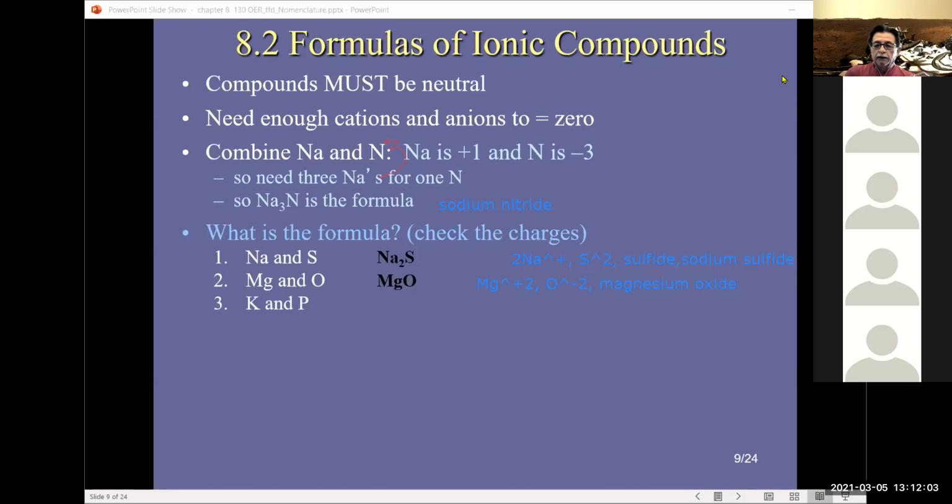Next one. We have potassium and phosphorus. So we know potassium, again, is in group 1. And being in group 1, it will lose that 1 valence electron, resulting in a +1 charge.